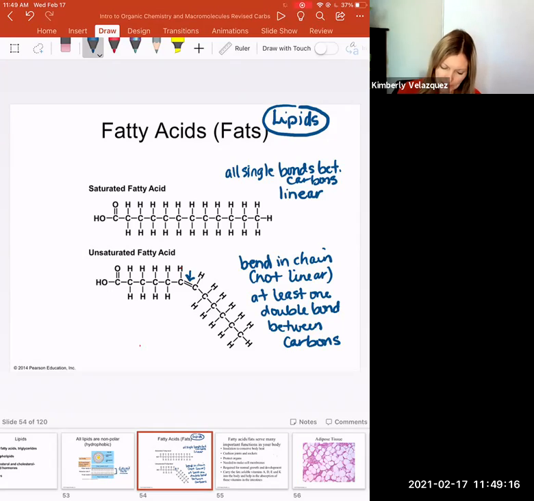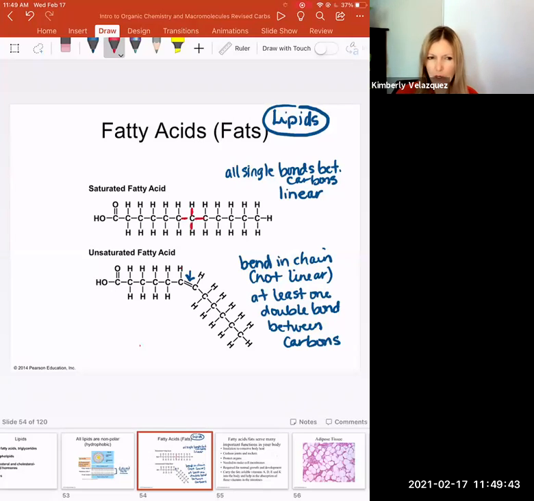Now let's get to why it's called saturated versus unsaturated. Remember that carbon has to share 4 pairs of electrons to complete its outer electron shell. And if we go to the saturated fatty acid at the top, let's just pick this carbon. You can see 1, 2, 3, 4.